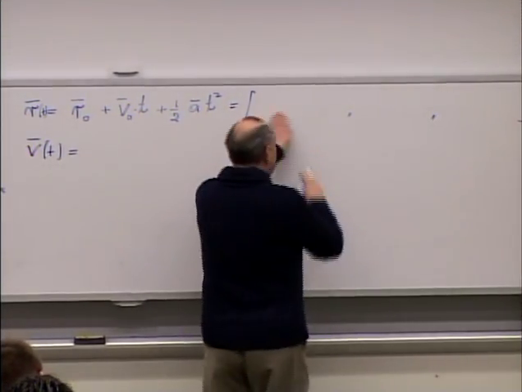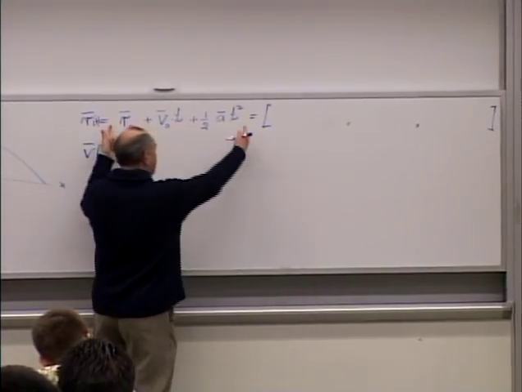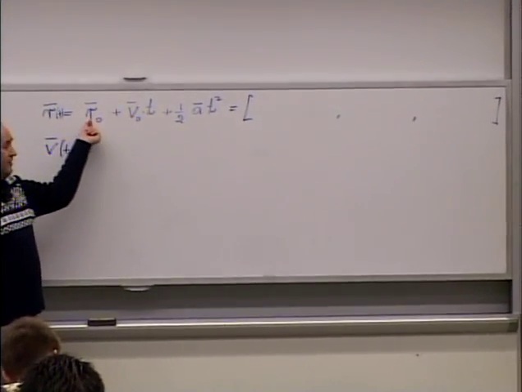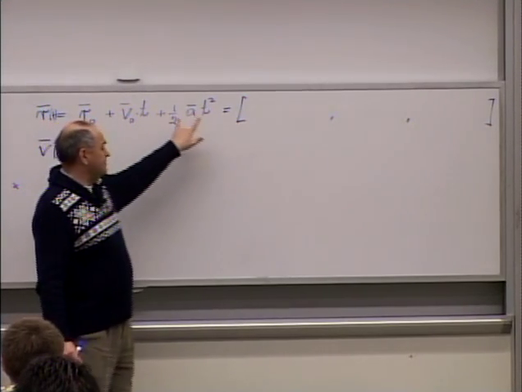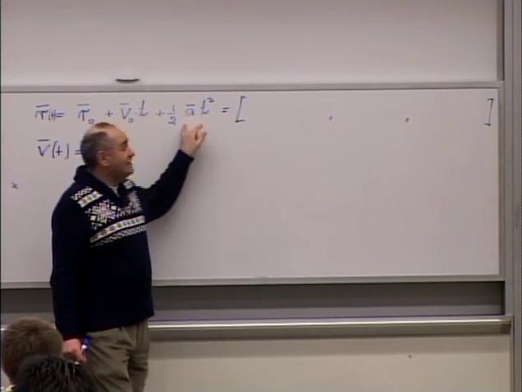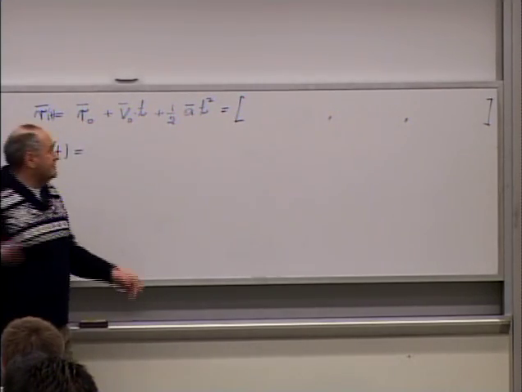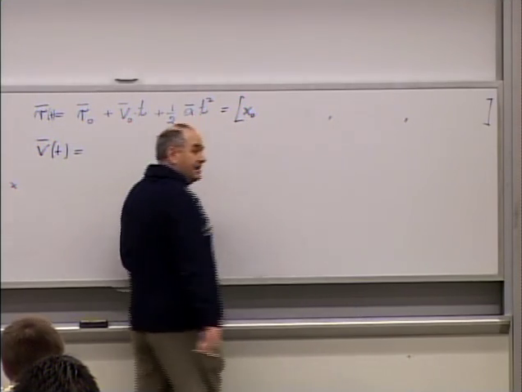So what am I going to have here? What is the x component of this vector? Well, I have to add the x component of this vector plus the x component of this vector times the x component of this vector. The x component of this vector, over here we had 0, 0, 0, but in general I can say that it is some x. I will call it x0.